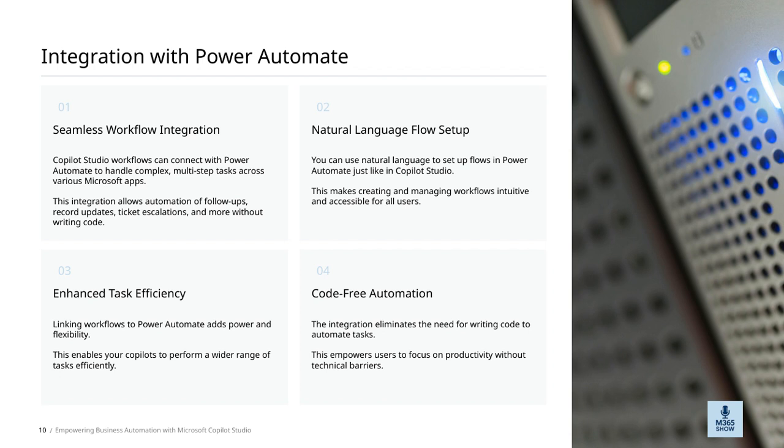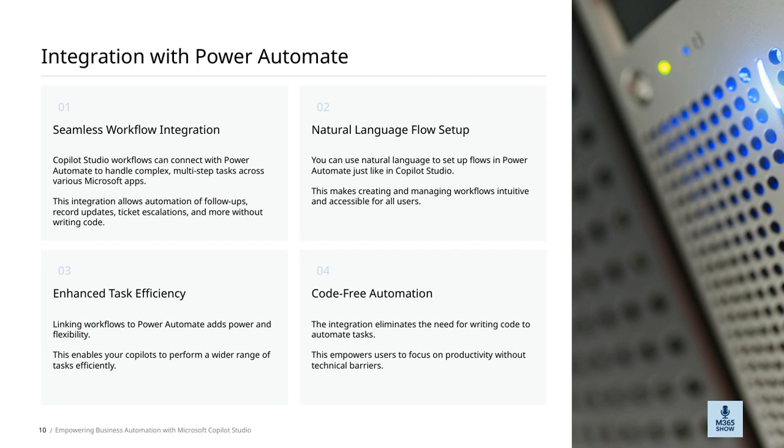Another exciting aspect is that you can set up flows using natural language, just like you do in Copilot Studio. This makes creating and managing workflows intuitive and accessible for everyone, regardless of technical skills. And because Copilot Studio workflows can connect seamlessly with Power Automate, you can manage complex, multi-step tasks across various Microsoft apps.